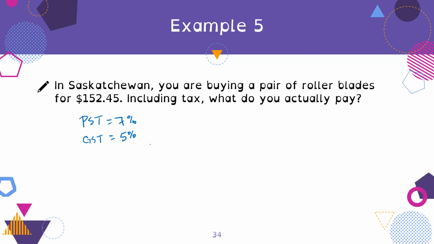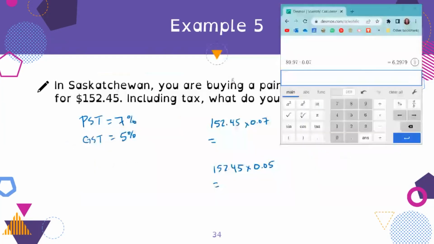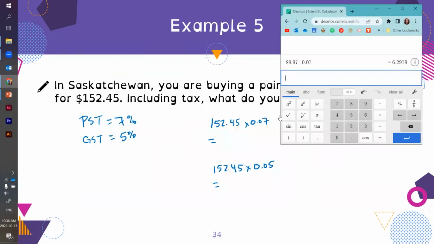So to figure out the taxes, you do $152.45 times 0.07, and then $152.45 times 0.05. You could add these together and do it all at once, or you can do them separately if you want to see what each one is.